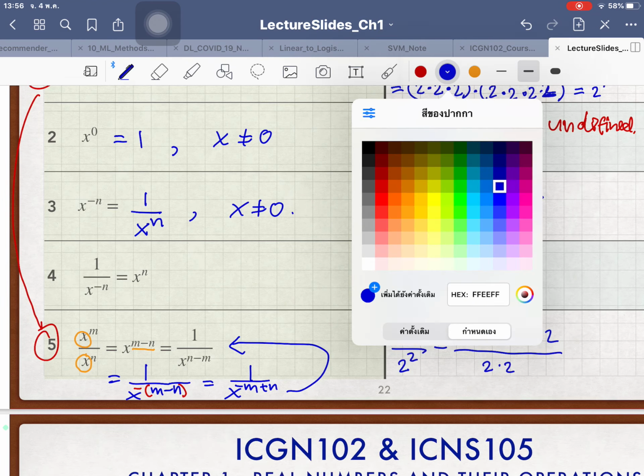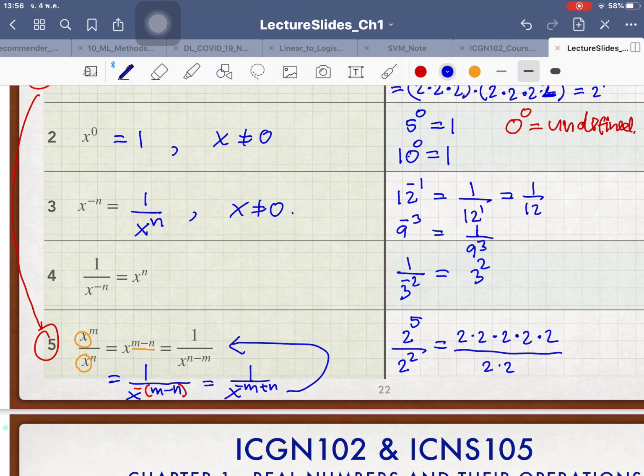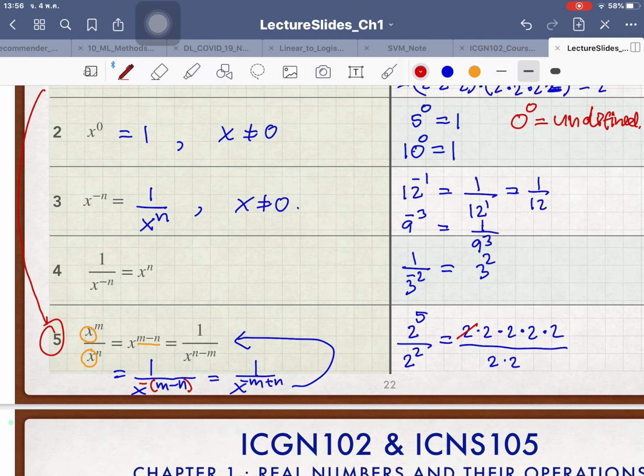Here you can do some cancellation like this. What is left will be just 3 repeating terms of 2, so we can put it as 2 to the power 3.